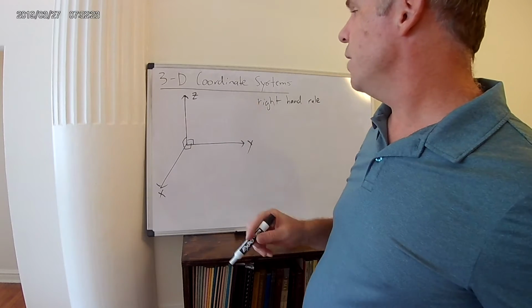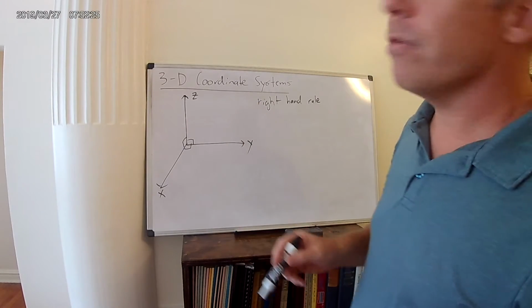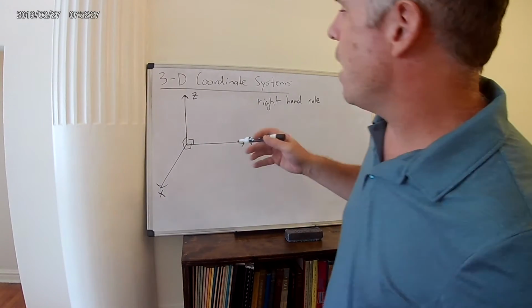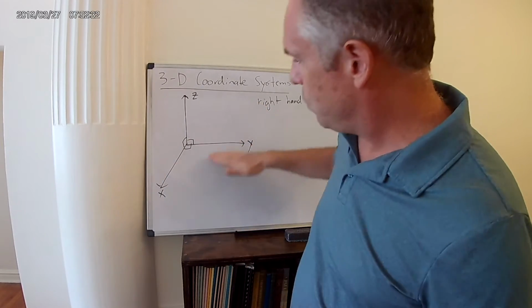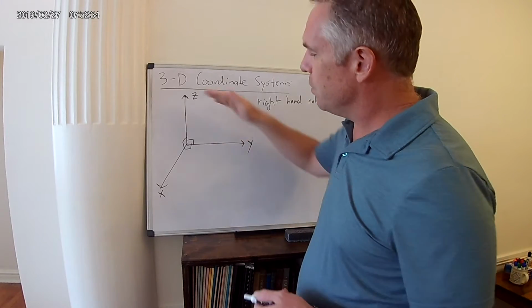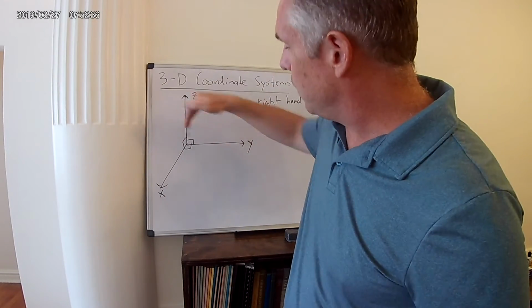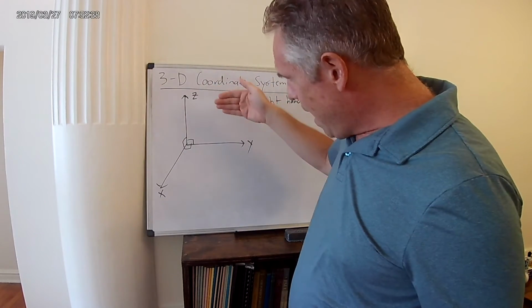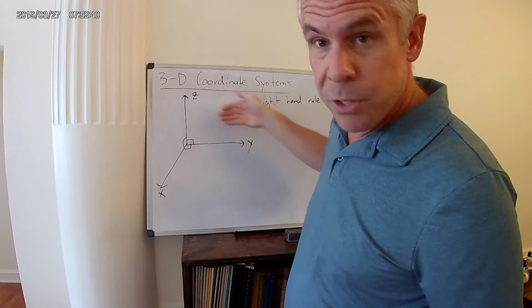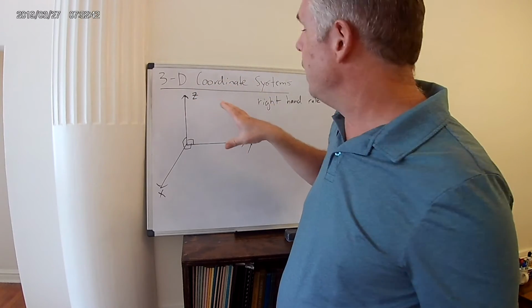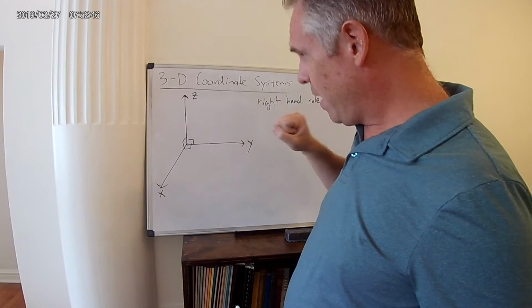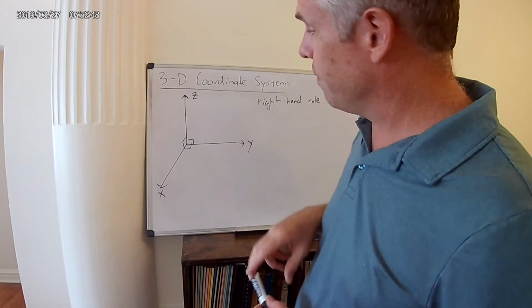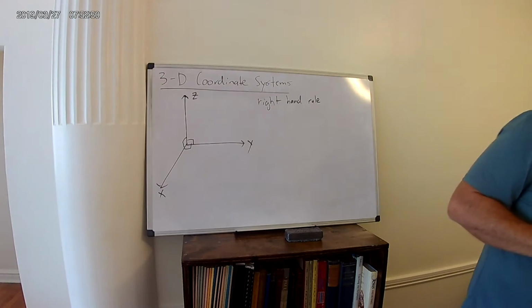And those octants are separated by 3 planes. And so if you think about it, there's an xy plane, which is this plane right here. There's an xz plane, which is this plane right here. And there's a yz plane, which is this plane here. These 3 planes separate our 3-space system into 8 octants. Okay, so that's an important thing to note.